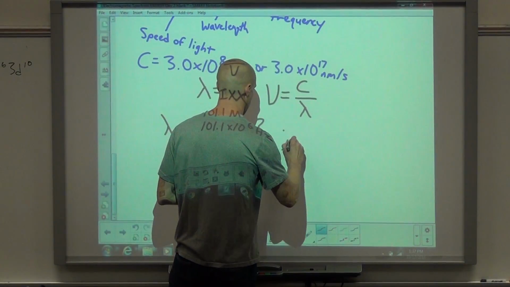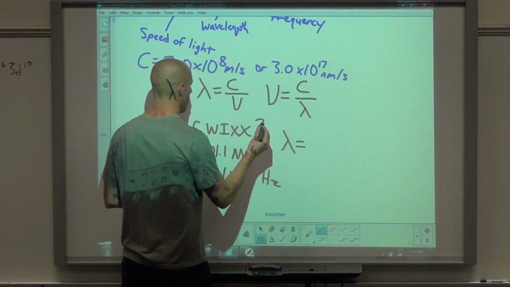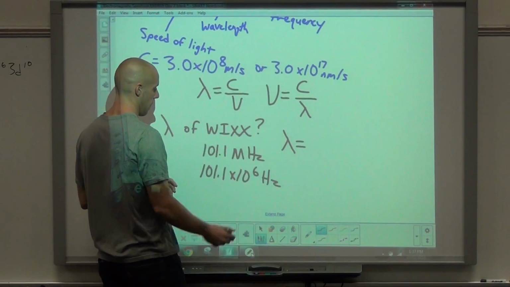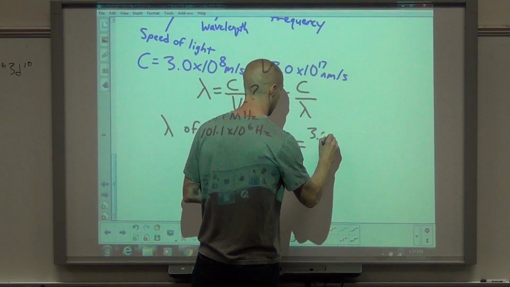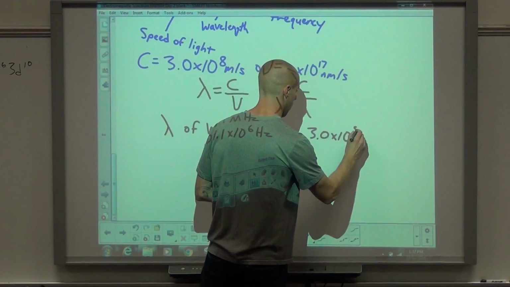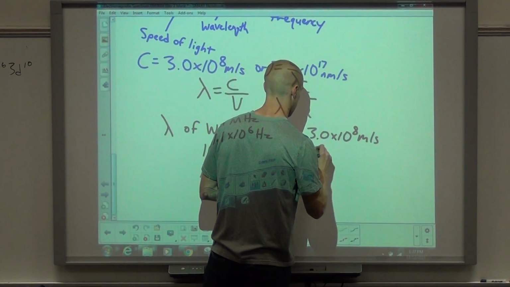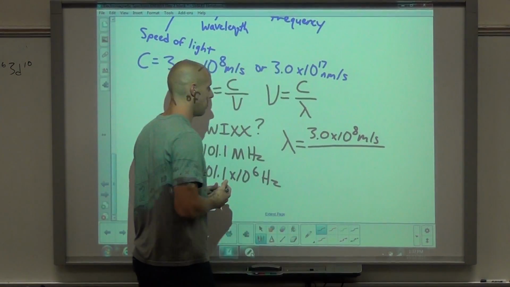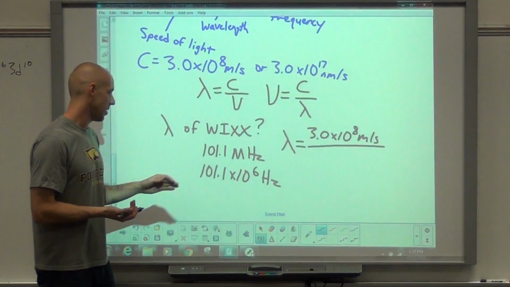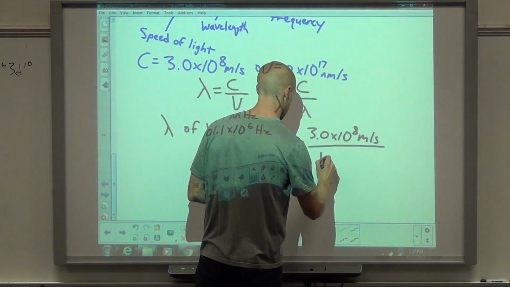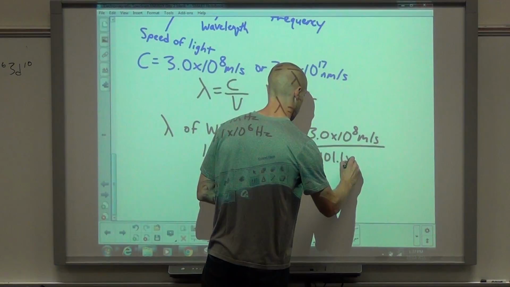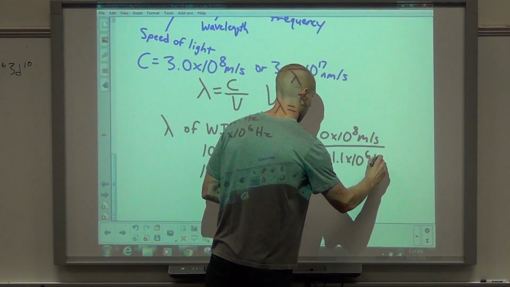Okay, so the length of the wave is going to be equal to the speed of light, 3.0 times 10 to the 8 meters per second, divided by the frequency we're given, which is 101.1 times 10 to the 6th hertz.